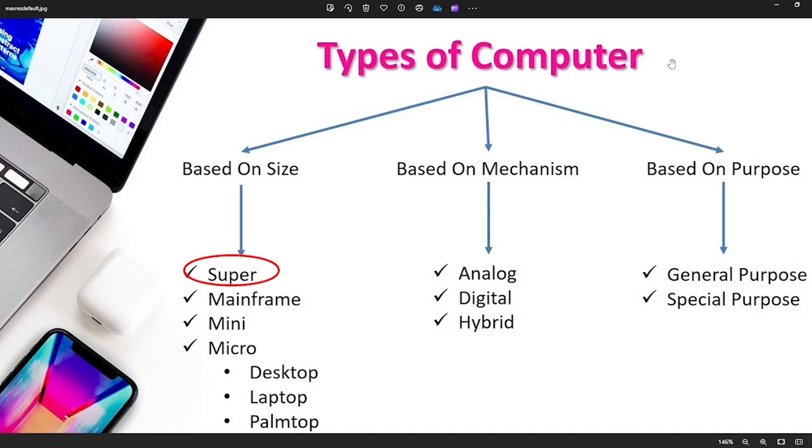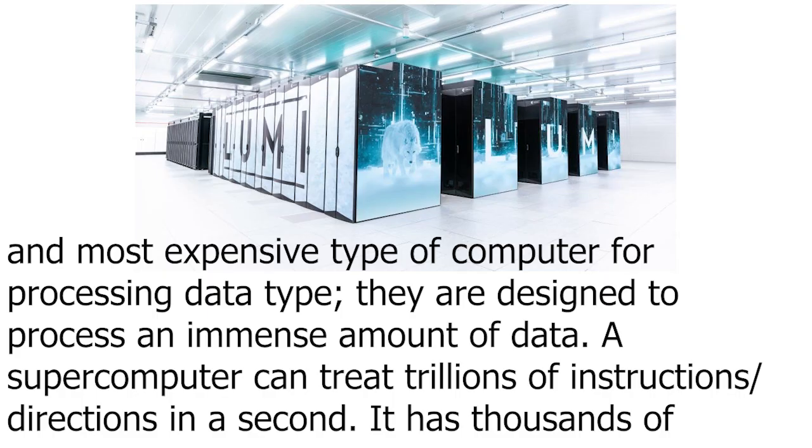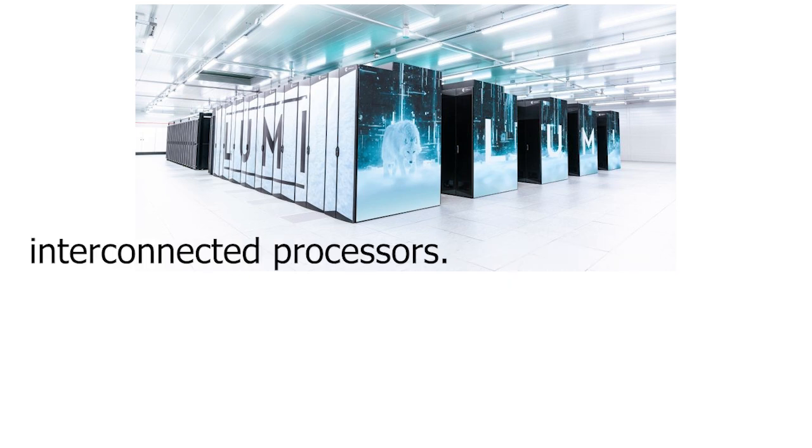Supercomputers come under the biggest, fastest, most powerful and most expensive type of computer for processing data. They are designed to process an immense amount of data. A supercomputer can treat trillions of instructions in a second. It has thousands of interconnected processors.